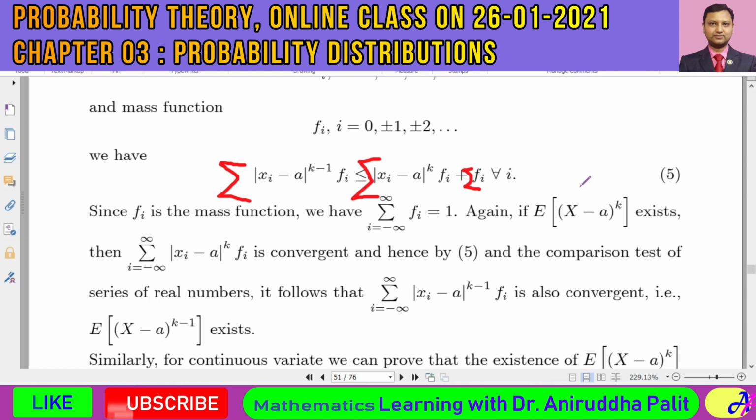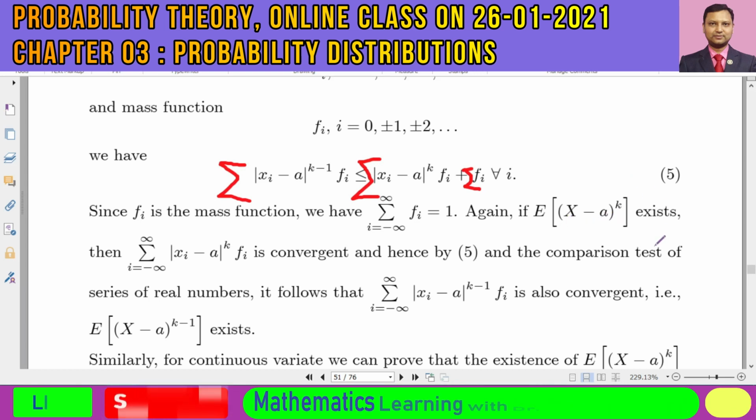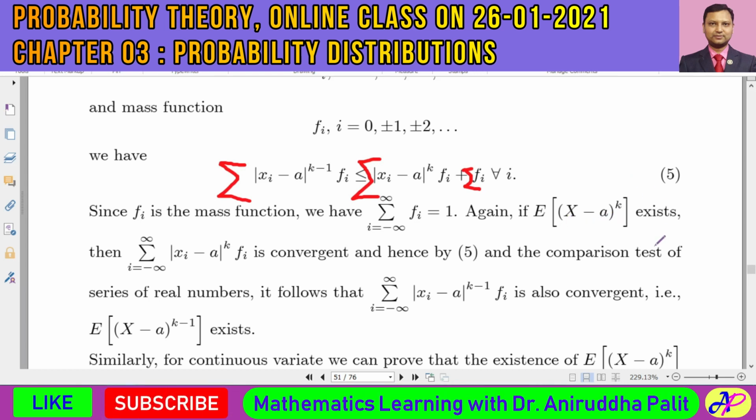All right. Now we are given that the expectation of (x minus a) to the power of k exists. What does it mean?